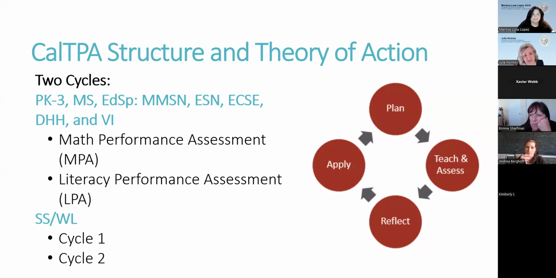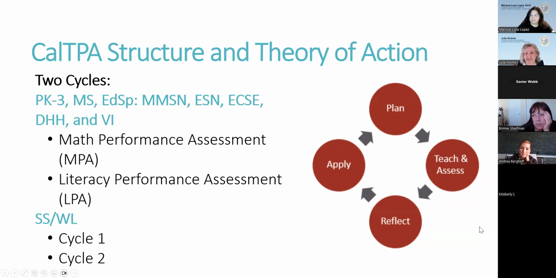They're teaching their lesson or lessons, and they're collecting evidence to analyze and monitor student learning, or collecting evidence of student learning for assessment purposes for literacy in cycle 2. In step 3, they reflect, analyzing what happened and why. And then in step 4, they apply all that they have learned for future instruction and how they might improve future teaching. So that is a refresher on the 9 different credential versions for CalTPA.